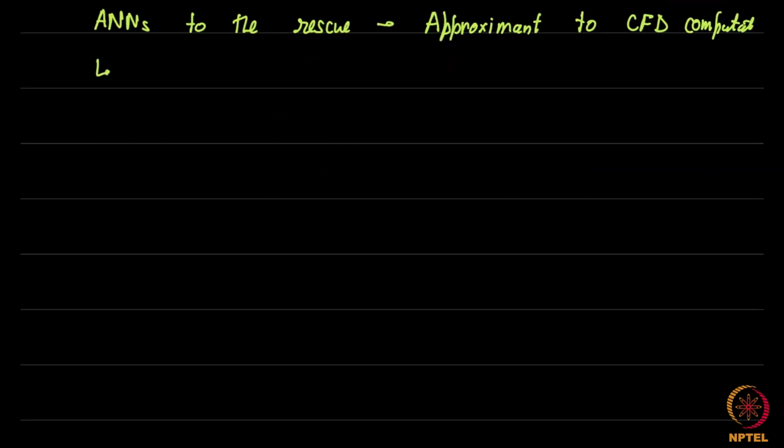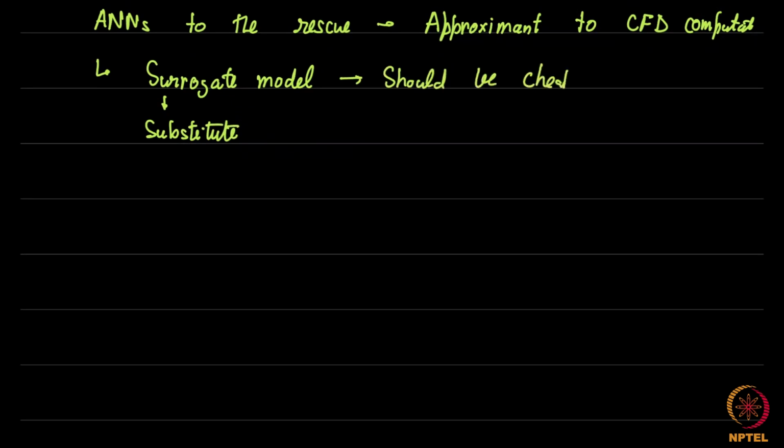This is what is known as a surrogate or a substitute model. A surrogate means a substitute. The idea is that this surrogate model should be cheaper than CFD.